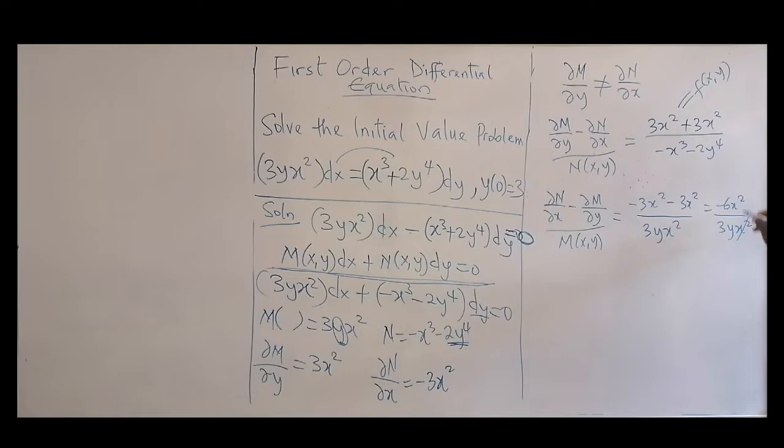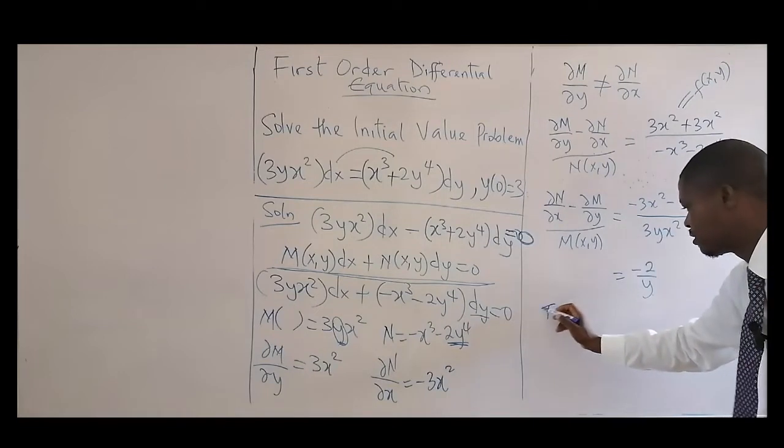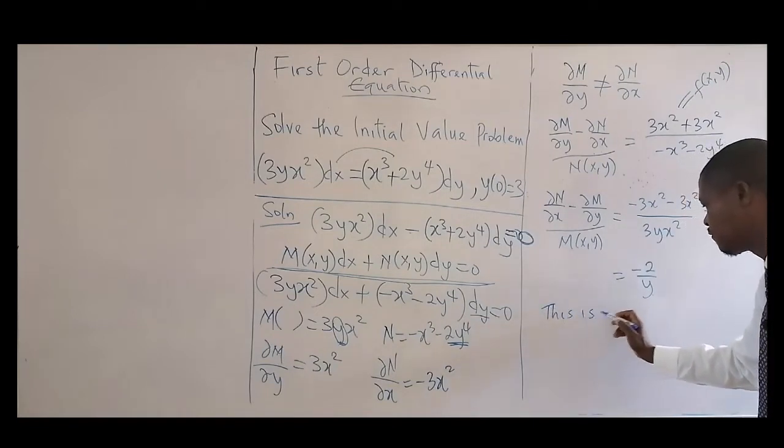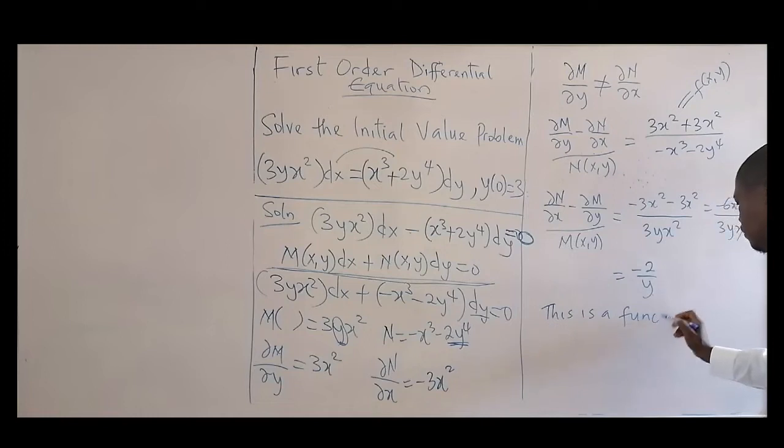The x squared will cancel. Then I have 6 over 3y, that's minus 2 over y. So this is a function of one variable, y.